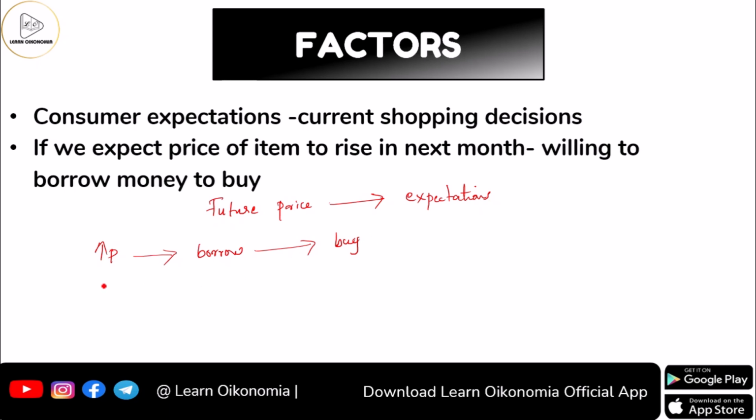But what happens if we go for an expectation that makes us think that the price of the commodity is going to fall? If that is the case, even if we have money with us, we will not buy today. We will postpone our consumption.